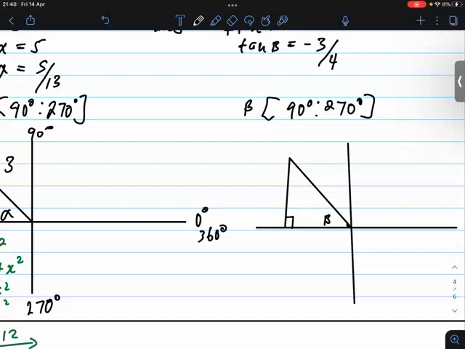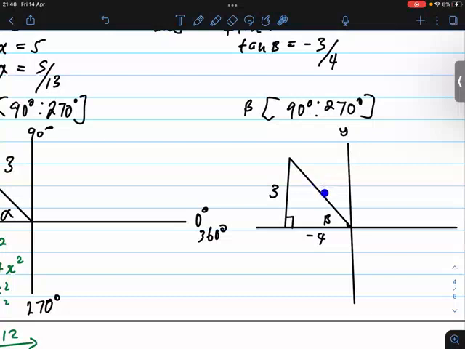So now, what will this look like? So opposite of beta is this guy. So that is 3. Be mindful of the fact that I did not put this negative because y on this side is positive, right? So rather the x will be the one that takes the negative because x is negative here.